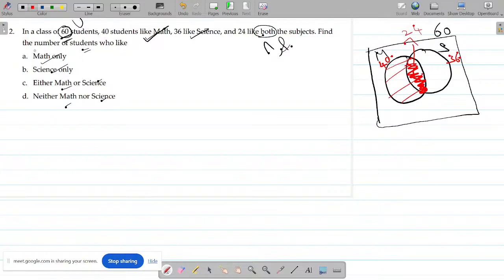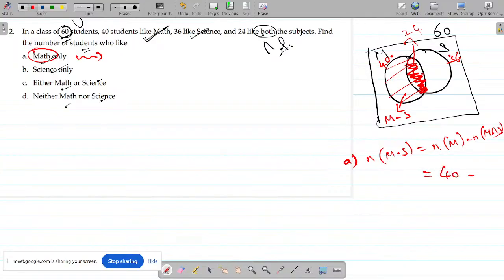Find the number of students who like math only, which means this area alone. This is n of m minus s, right? So math only, you remember the formula which I'm using: n of m minus s is equal to n of m minus n of m intersection s. So this is my first one. n of m is given to be 40 minus n of m intersection s, given to be 24.